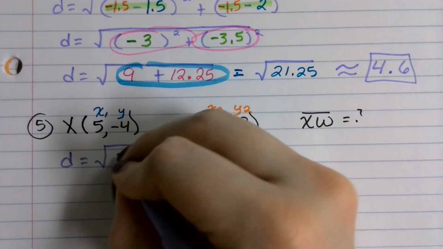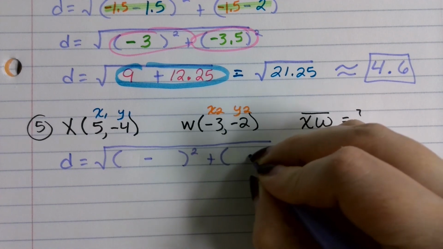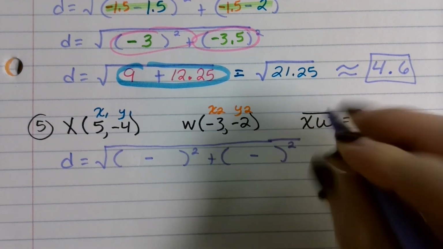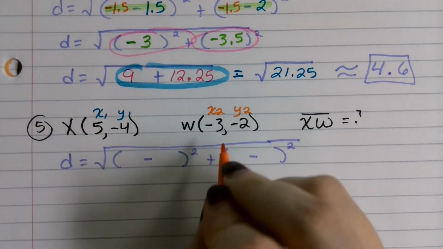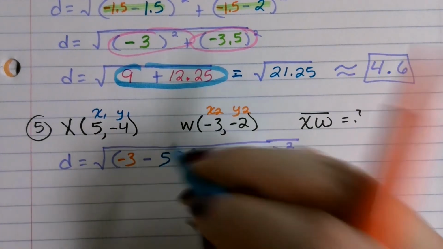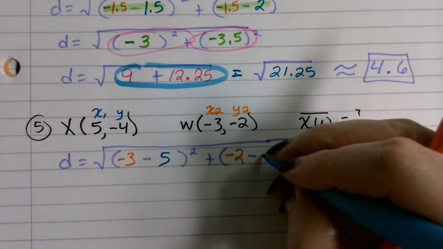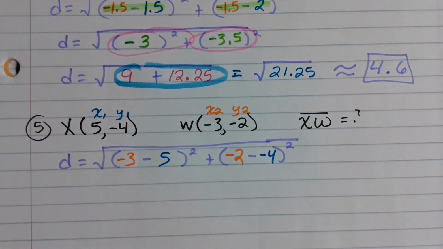Again, pre-fill so that way you're not messing up. It helps sometimes if you pre-set it. So we're going to do negative 3 minus 5. And then a negative 2 minus a negative 4.